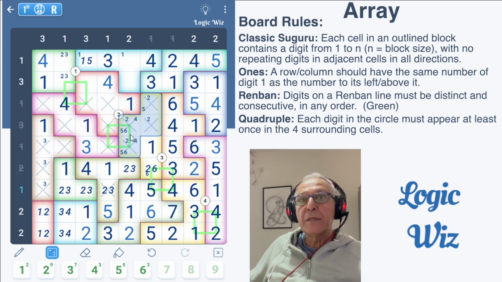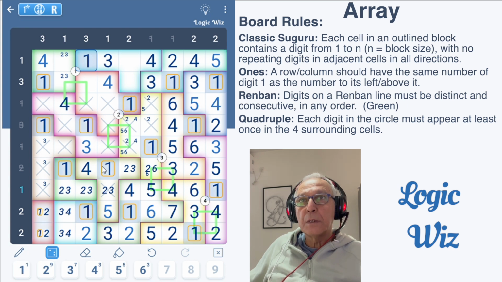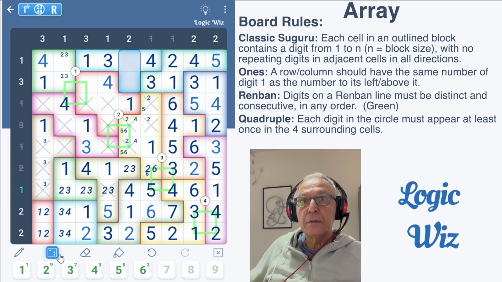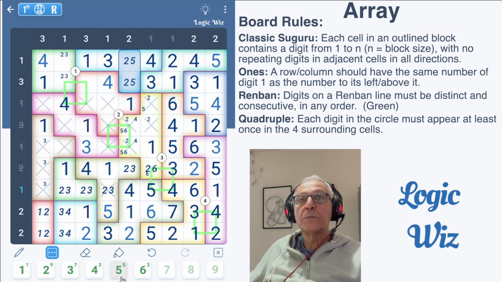Okay, in this column we need 2 1s. We already have them. This one can no longer be a 1. This one must be a 1. And now the remaining digits are 2 and 5. Here we have 2 or 3.